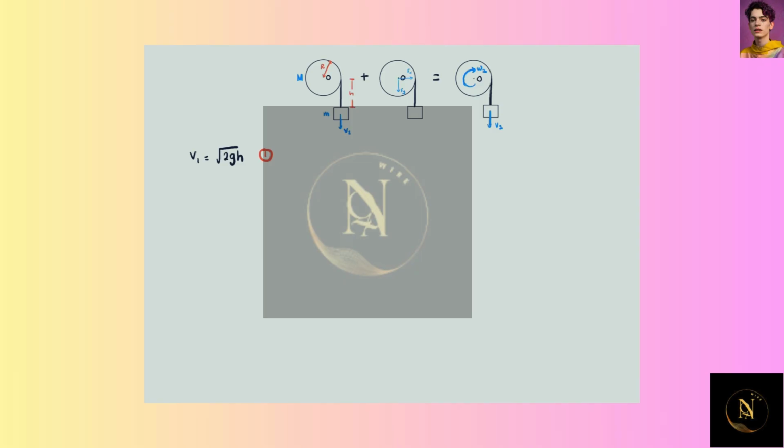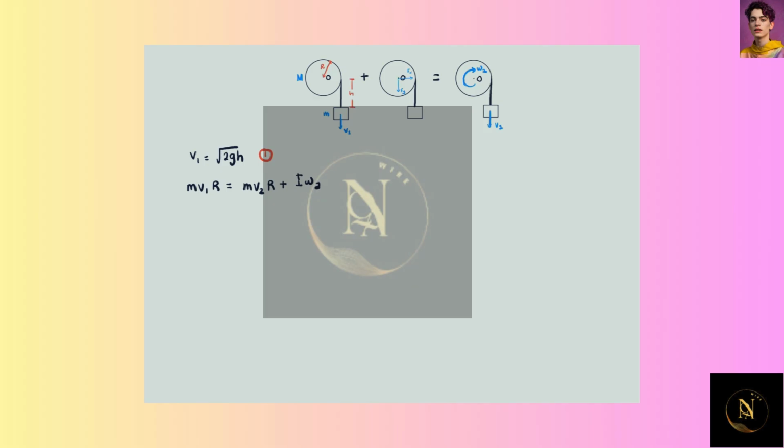Now, applying the principle of impulse and momentum and taking the moments about point O, the center of the disk, with the clockwise direction taken as positive, we'll have the equation m v1 r equals m v2 r plus I omega 2.